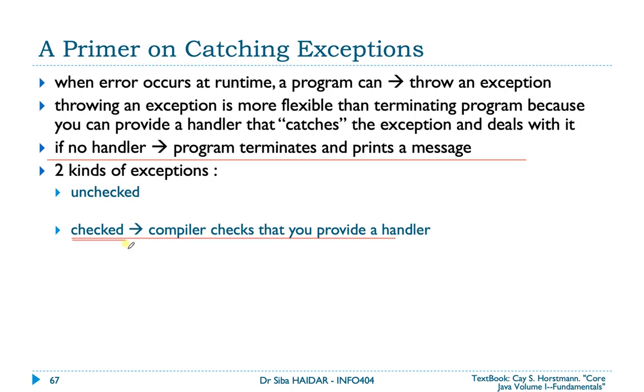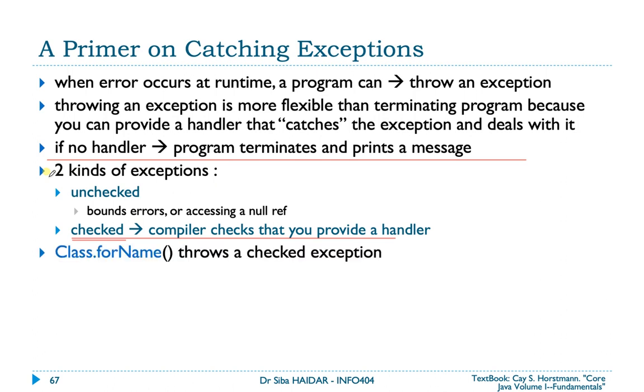That's why it's called a checked exception. As for the unchecked exceptions, those are exceptions of the type that the compiler cannot guess. It's like array bound errors, accessing an array outside its bounds, or dereferencing a null pointer, etc. So those are unchecked exceptions.